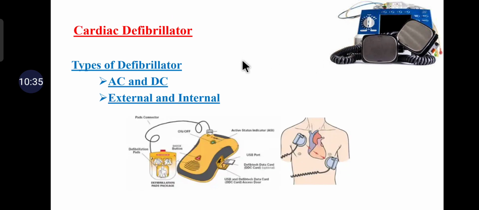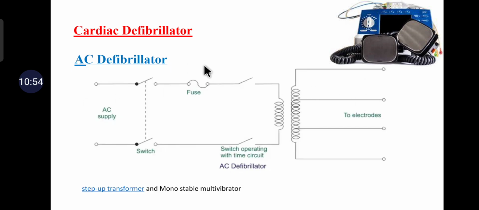Based on the types we have just seen, external or internal, defibrillators are further classified into AC and DC defibrillators. These are the diagrams, so you can easily identify what a defibrillator is. Coming to the AC defibrillator, a resistive and simple capacitive network or a monostable multivibrator forms the timing circuit.